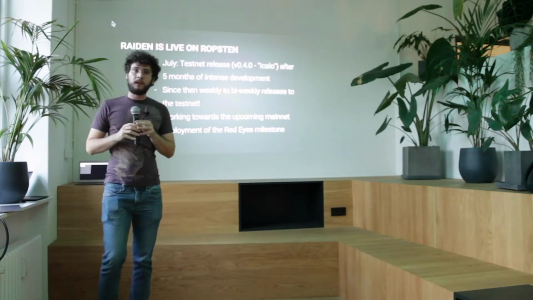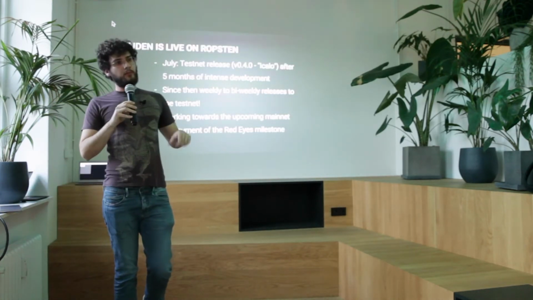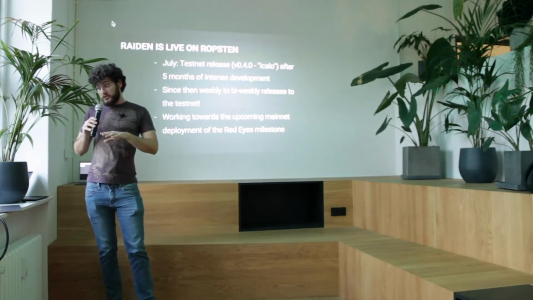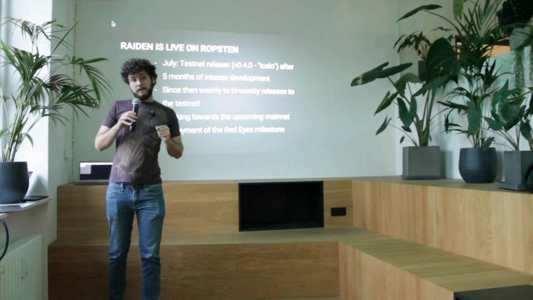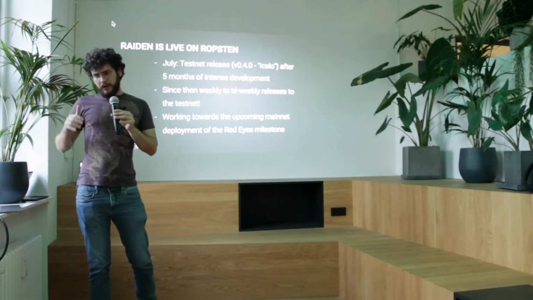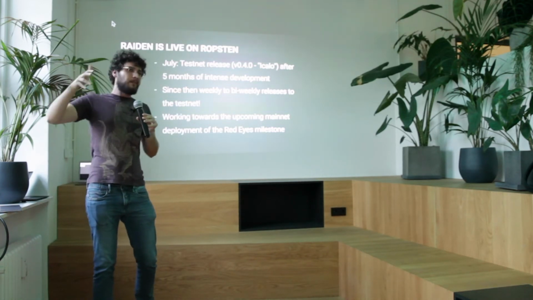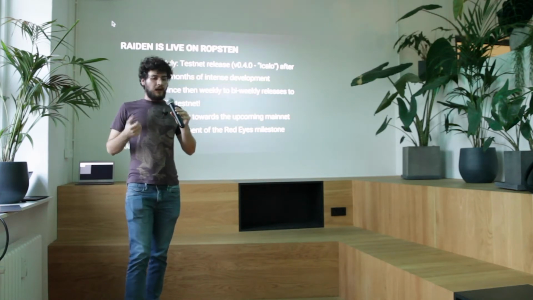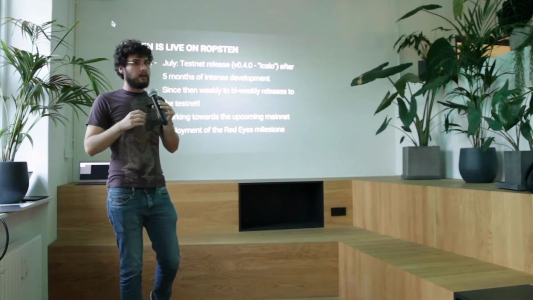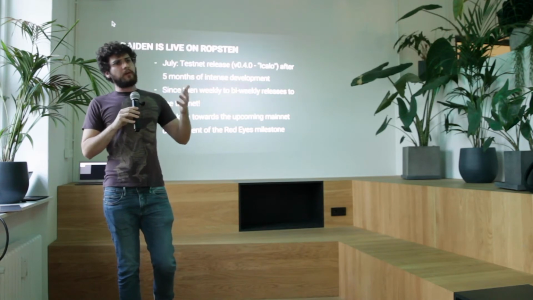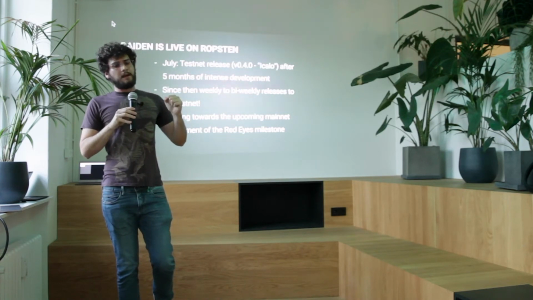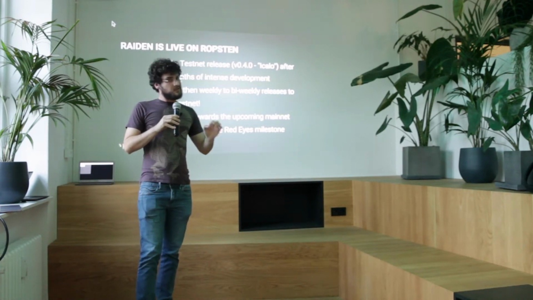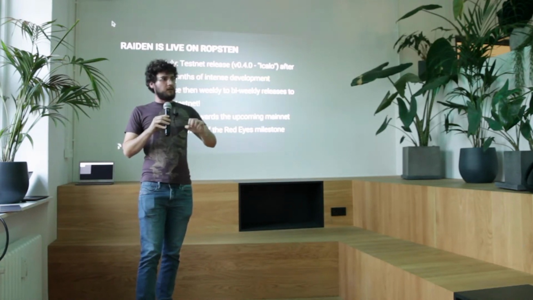So we started a faster release cycle about 2 months ago. It started in July with the Ecolo release. Ecolo was 5 months of really intensive changes to the core of the off-chain client, where we made some really strong guarantees about consistency of the data and not losing data that is really important to prove your balance off-chain.